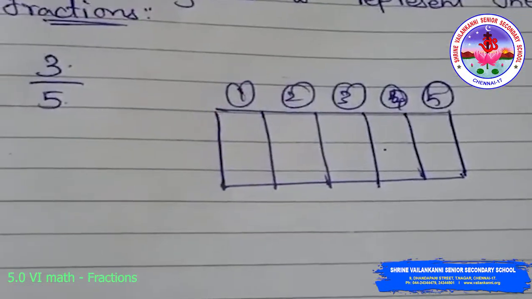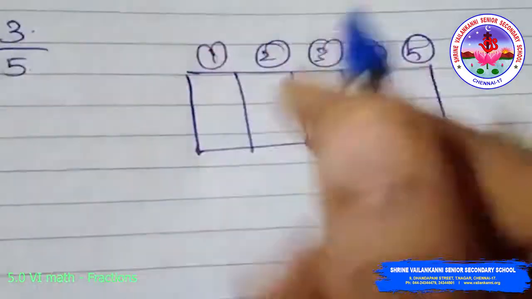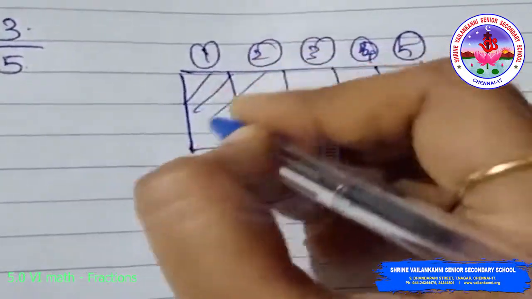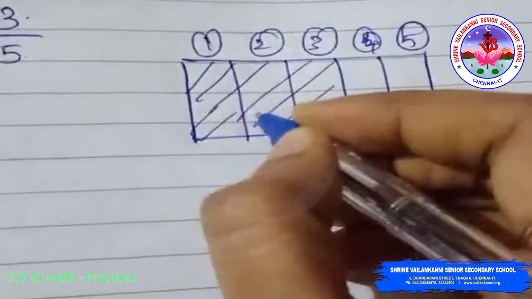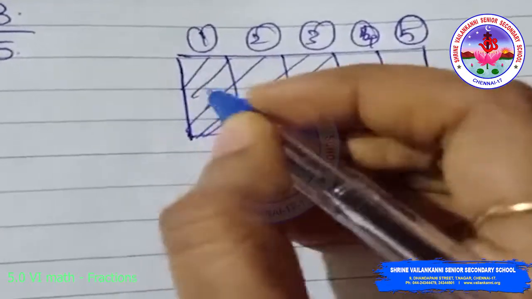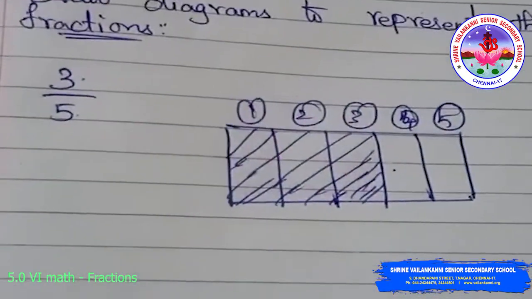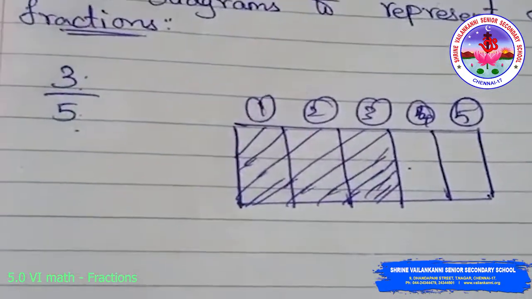Now you shade the numerator parts. Here the numerator is 3, so you shade 3 parts. This is the diagrammatic representation of the fraction 3 by 5.